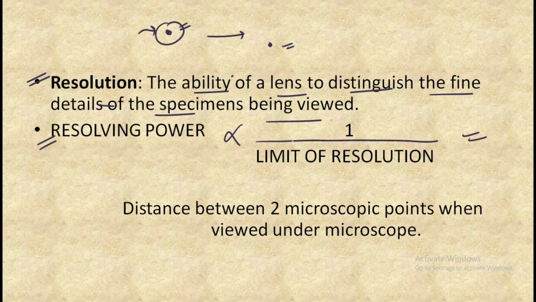And what is the limit of resolution? The limit of resolution is the distance between two microscopic points when they are viewed under the microscope. Consider we have this specimen under observation, and when we enlarge it with the help of the microscope, the two finest microscopic points present in the specimen are shown to have a certain distance between them.